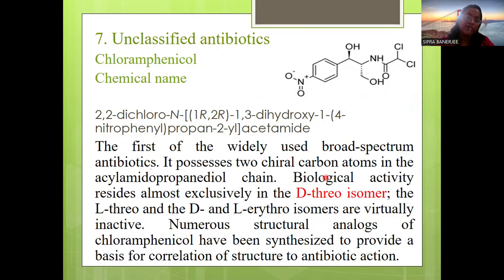It is the first of the widely used broad-spectrum antibiotics. The compound has two chiral carbon atoms in the aryl amido propanediol structure, and biological activity lies with the D-threo isomer and L-threo isomer.